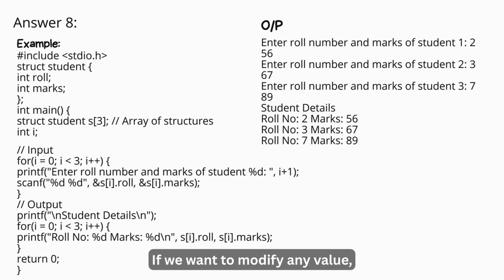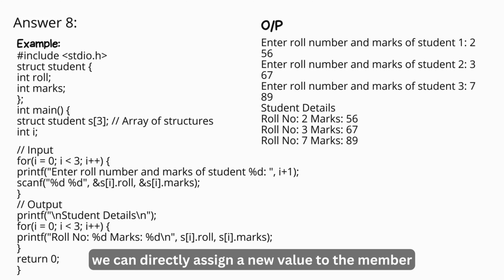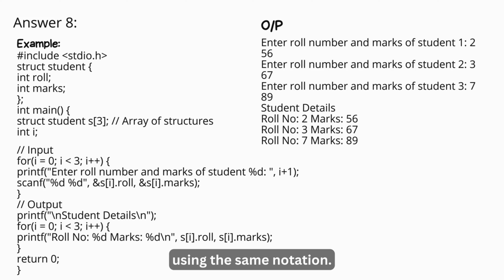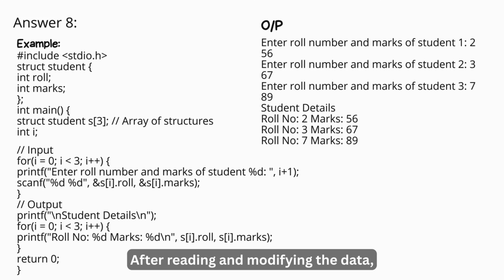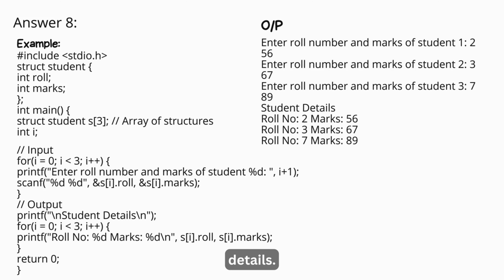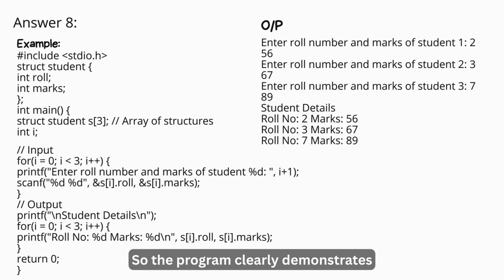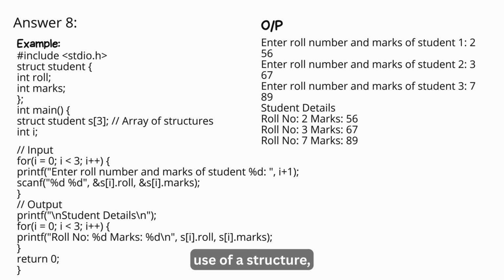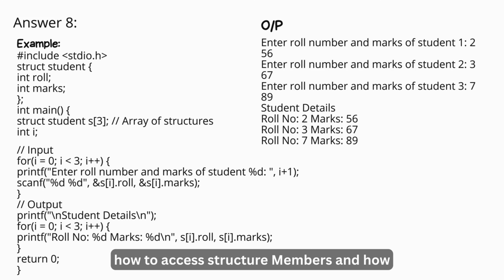If we want to modify any value, we can directly assign a new value to the member using the same notation. After reading and modifying the data, we again use a for loop to display the student details. So the program clearly demonstrates use of a structure, use of an array of structures, how to access structure members, and how to modify and display them.